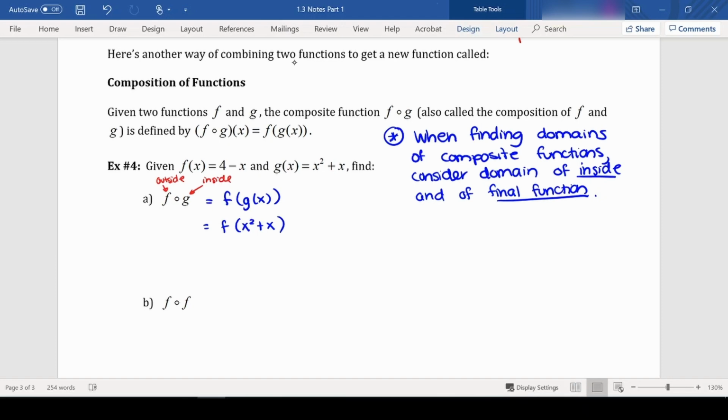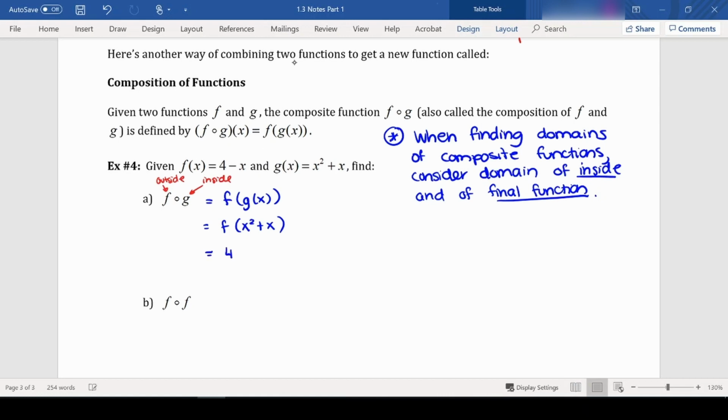Again, we reviewed this in the last chapter. You need to be comfortable with function notation. If you are not, you are going to have a very hard time in this course. Okay. If I want to find f of x squared plus x, this means in my function I was given, I'm going to replace an x with all of this stuff.